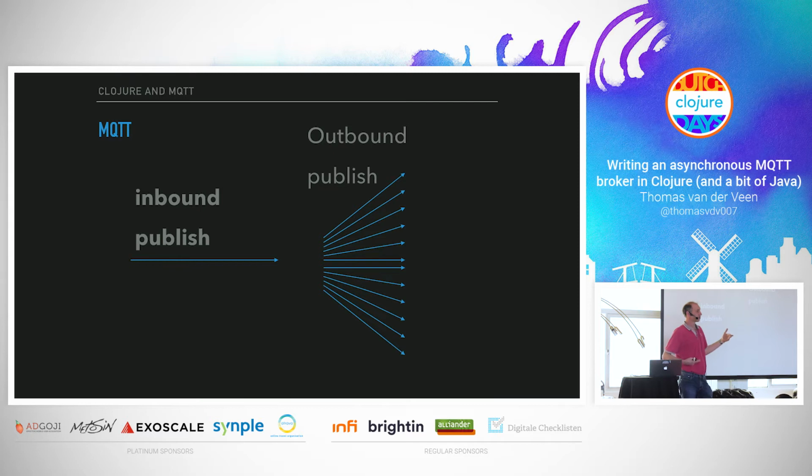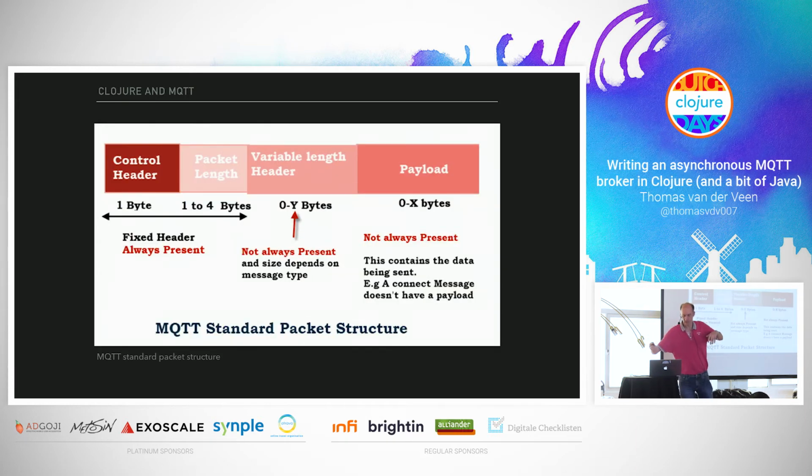So one incoming message could result in thousands of messages going out. That makes MQTT a very different protocol from HTTP. And I was wondering if I could still use the ideas behind HTTP Kit and its asynchronousness and translate those to MQTT.